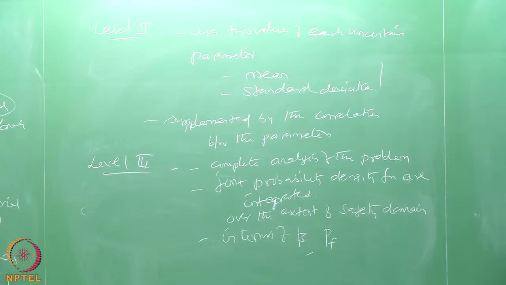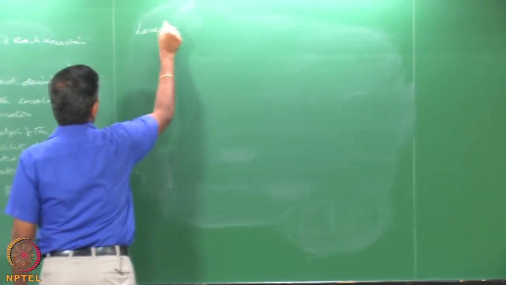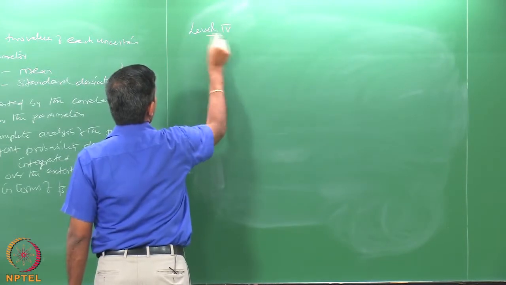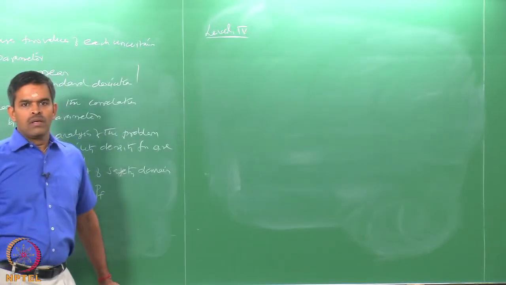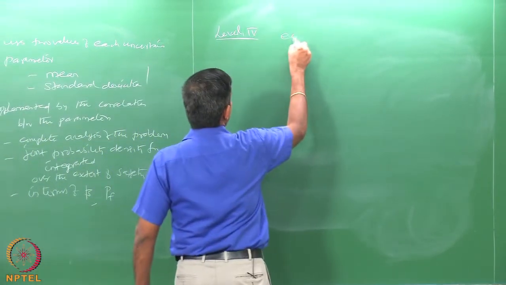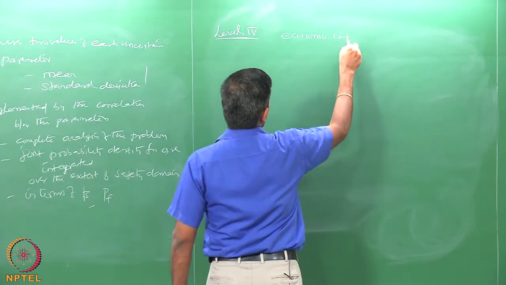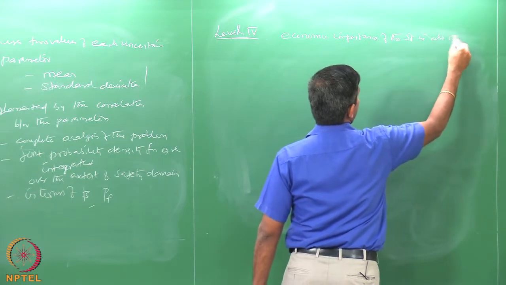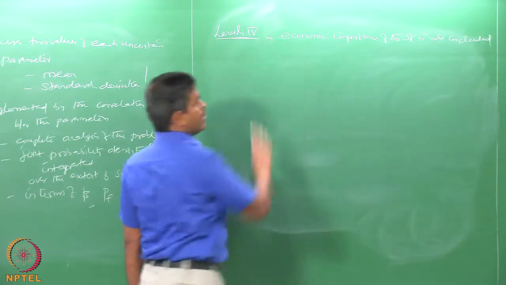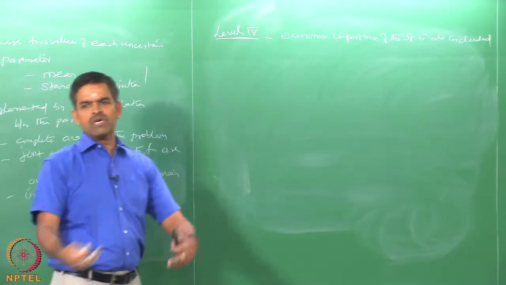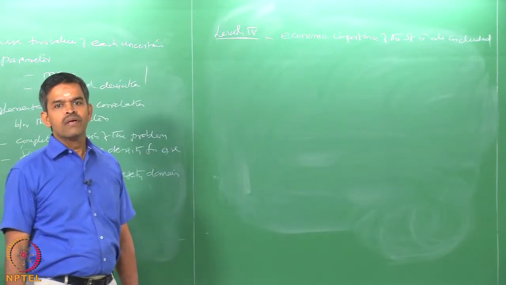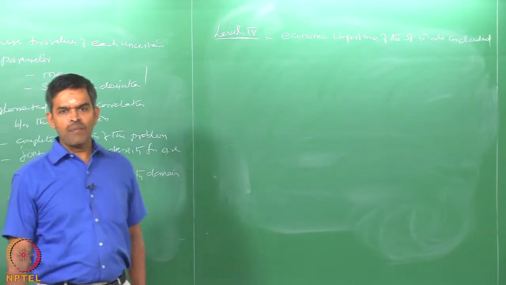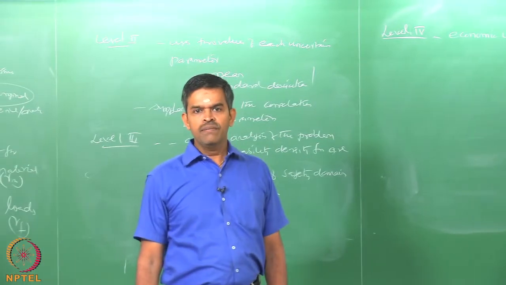In level 4, the economic importance of the structure is also included. So, the reliability estimate will converge to become a risk estimate as well. It involves the principles of engineering economics under uncertainty.